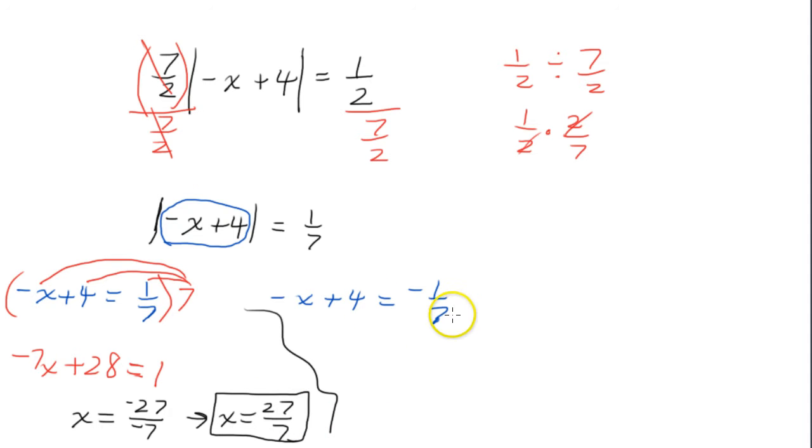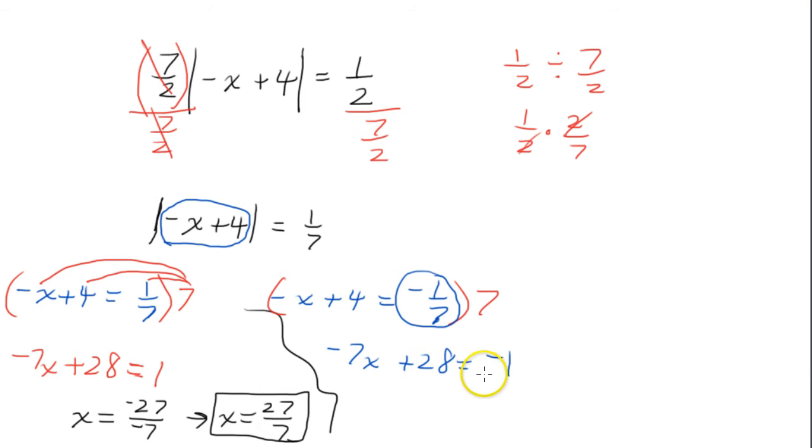Over here, same thing. We're going to multiply through by 7 to clear that fraction. And what we get is negative 7x plus 28 equals negative 1 this time, because we've got negative 1 over 7 times 7. Quickly continuing with that, we have negative 7x plus 28 equals negative 21.